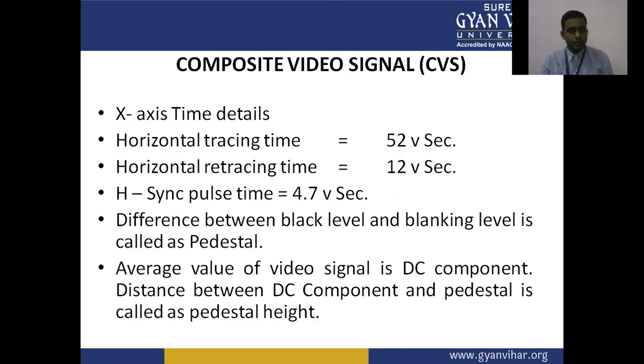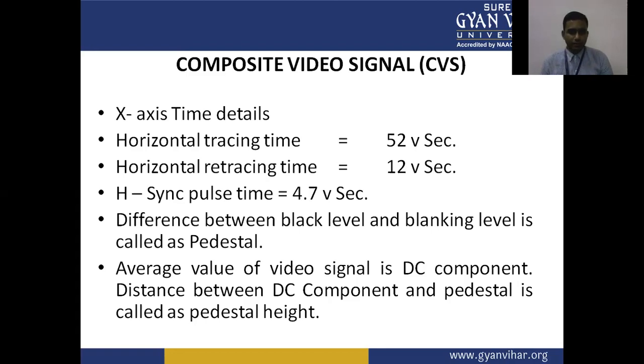The x-axis time details: the horizontal trace time is 52 microseconds, and the horizontal retrace time is 12 microseconds. The horizontal sync pulse time is 4.7 microseconds for synchronization, and the amplitude is 75 to 100% for the synchronization pulse.